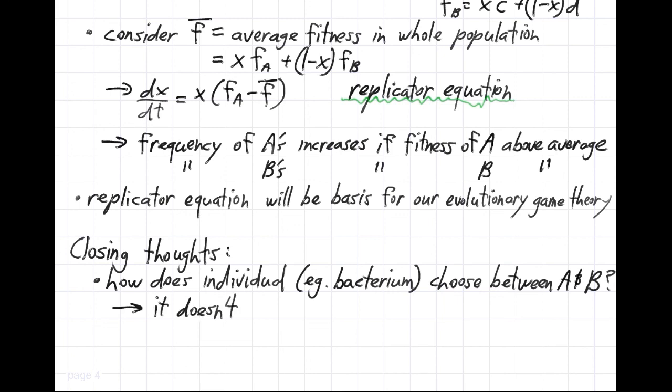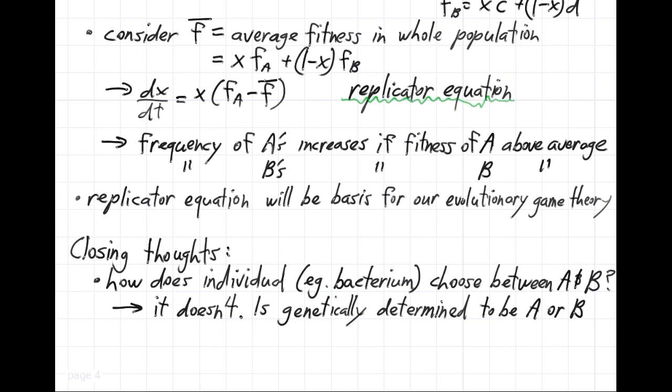It doesn't. The bacterium doesn't make any choices. It is genetically determined to be one of these types, either A or B. That's programmed into its genotype. And the game is played on the level of the population. And it just determines which type becomes more frequent in the population.